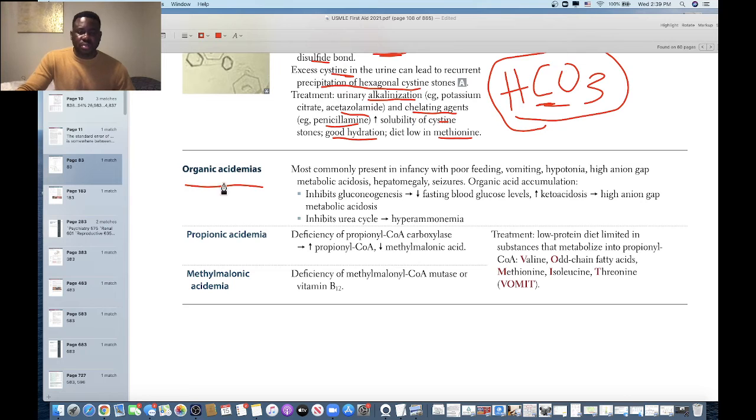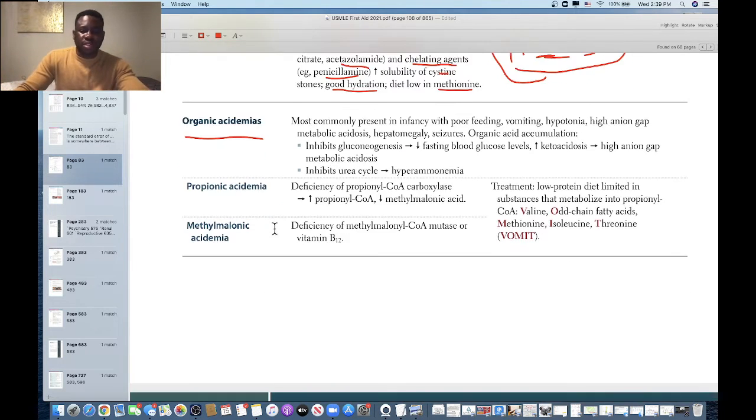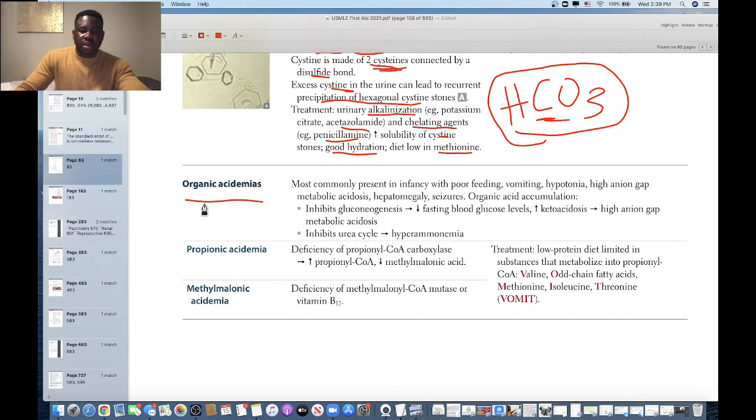Now let's look at the next one, the organic acidemias. They love this concept, but I'll make it simple for you. To understand this, I have to take you back to page, I think, 74. Please open your books to page 74, organic acidemias.